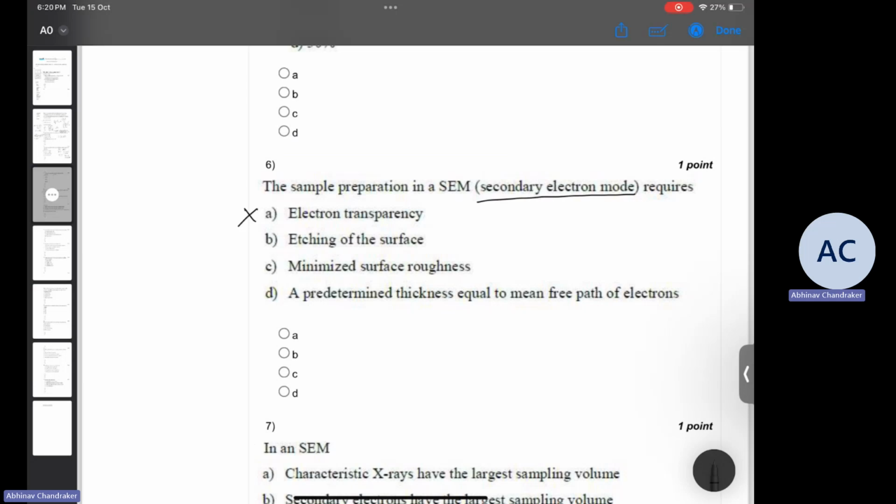We need etching only for optical microscopy, because there we are concerned with how light interacts with the surface, and by etching we can make the surface rough at those points where there is chemical reaction occurring, like the boundaries in case of metals. But in SEM, we do not require anything like this. So this will not be the correct answer.